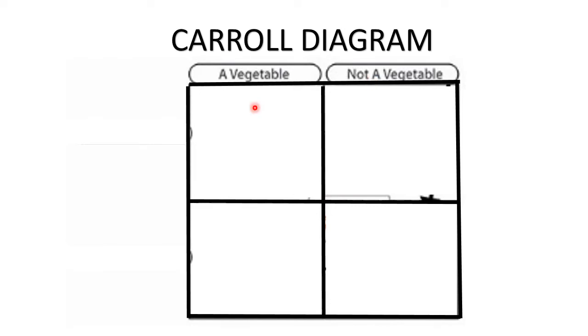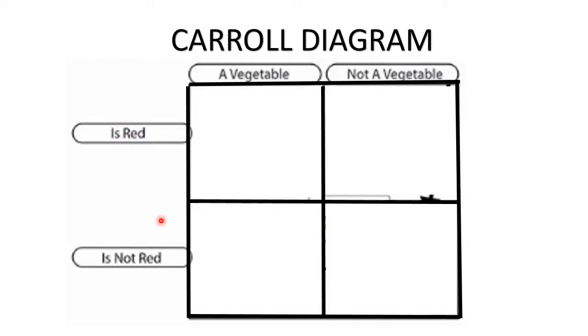The first row of this Carroll diagram will be red. So the second rule for the second row will be not the first. So not red. We can put vegetables that are red in this first square.